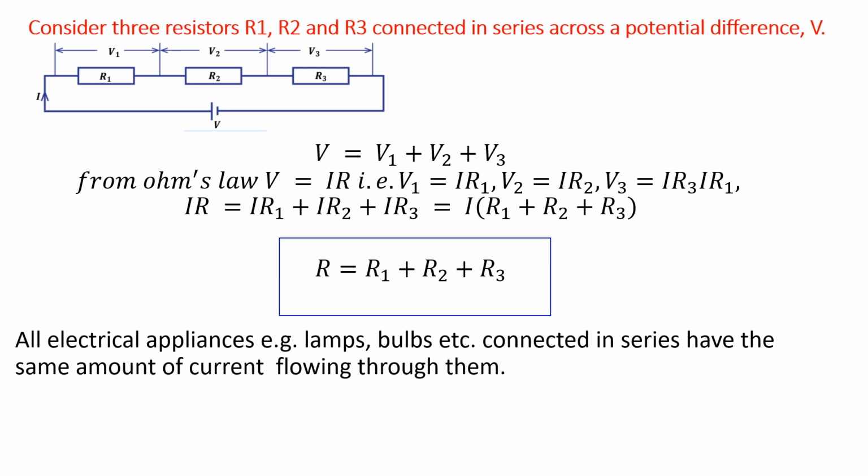So that is the first equation that we should take note of as far as the arrangement of resistors is concerned. All electrical appliances, for example lamps and bulbs, connected in series have the same amount of current flowing through them. Meaning when one gadget gets off, then the whole system is off, because it has a single direct flow of current. Note, you should know.